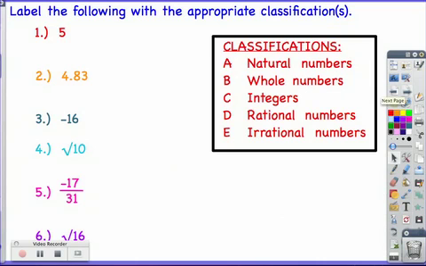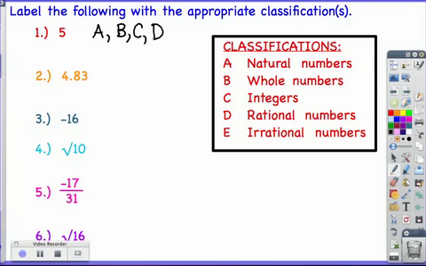Number 2, 4.83, can be written as a fraction, and therefore it's rational. Number 3, -16 is an integer, and all integers are rational numbers. Number 4, the square root of 10, is the square root of a non-perfect square, and therefore will give us an irrational answer.